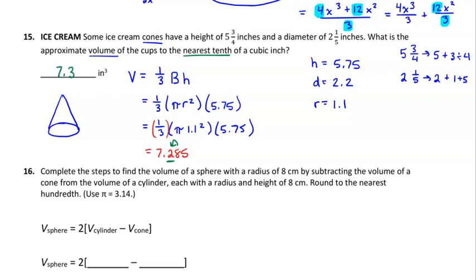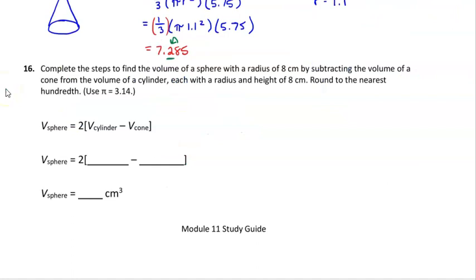inches cubed. For number 16, it says complete the steps to find the volume of a sphere with a radius of 8 centimeters by subtracting the volume of a cone from the volume of a cylinder, each with a radius and height of 8 centimeters, round to the nearest hundredth.